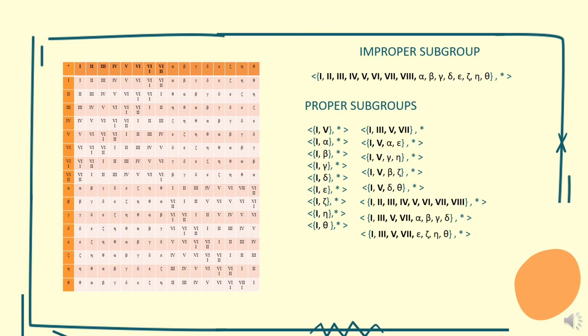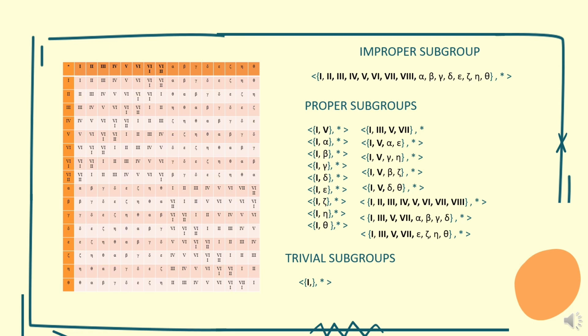And lastly, the set of 1, 3, 5, 7, epsilon, zeta, eta, and theta is a proper subgroup under the binary operation star. The last one is the trivial subgroup, also known as the identity, which contains only 1. The set of 1 under the binary operation star is a trivial subgroup.